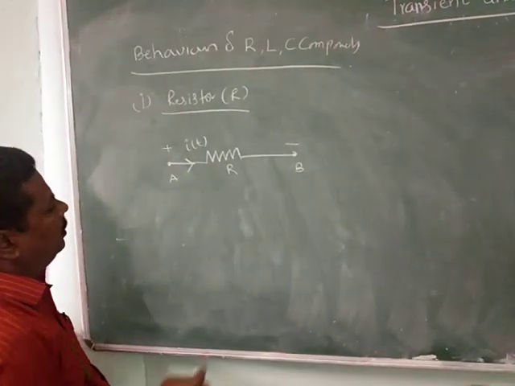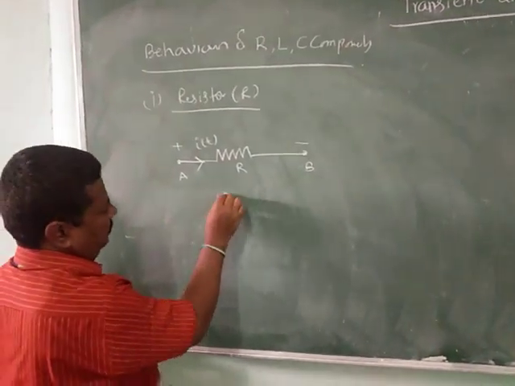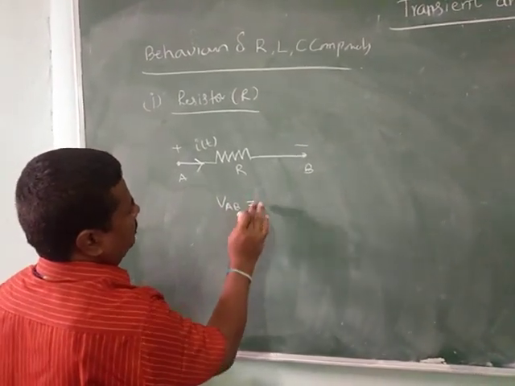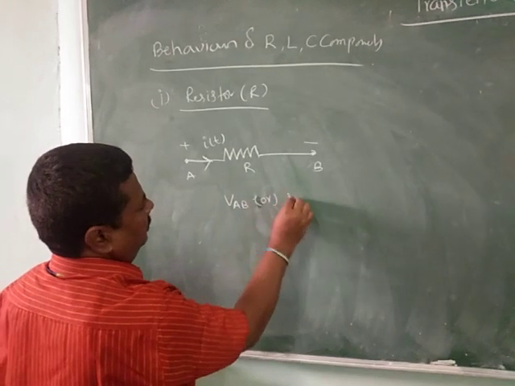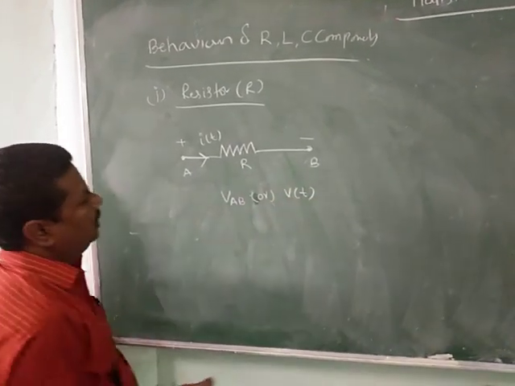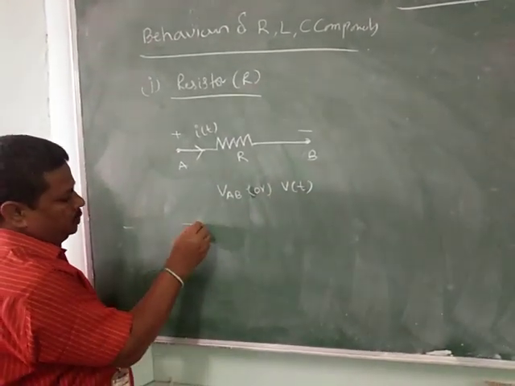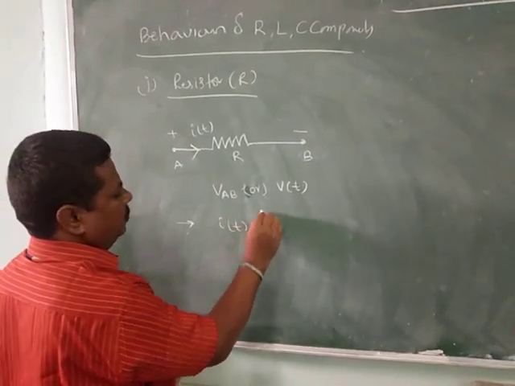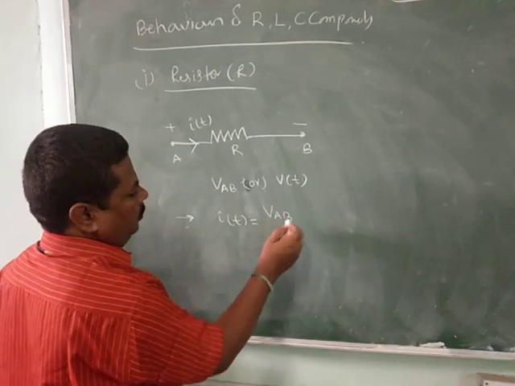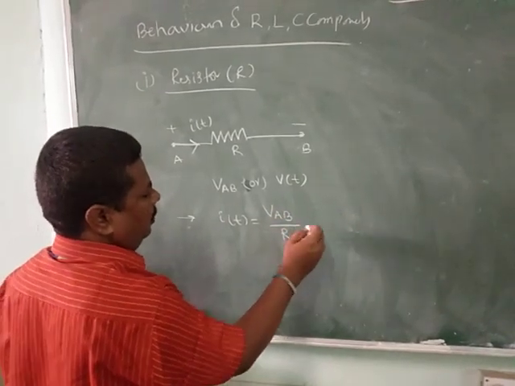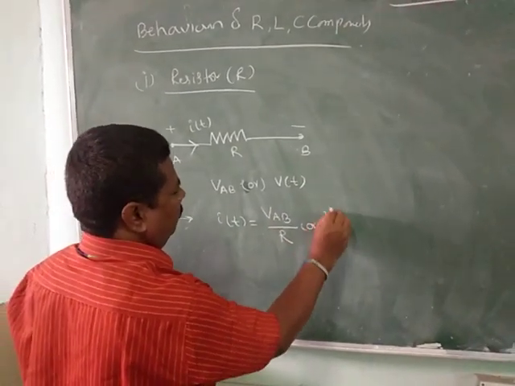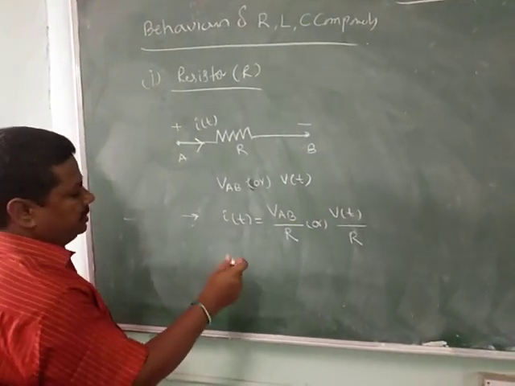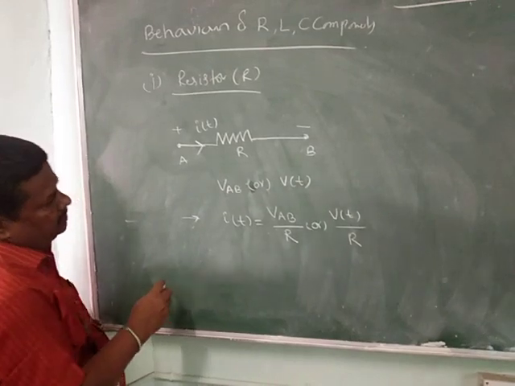Time varying. Now the voltage across this resistor is VAB, or sometimes V of t if it is time varying. Now the current flowing through the resistor, I of t, is equal to VAB by R or V of t by R. That means the relation between terminal voltage and current.